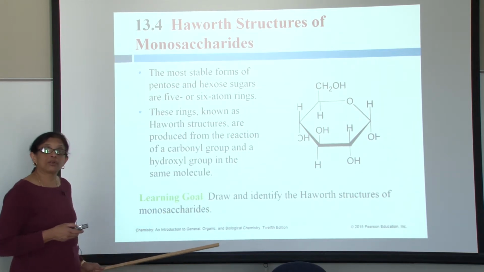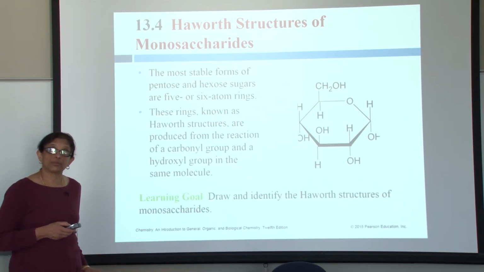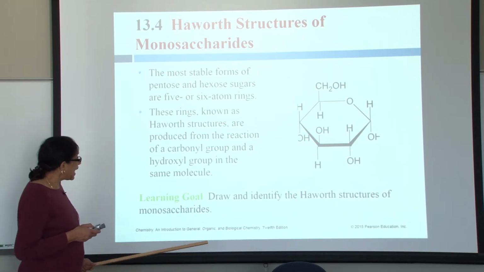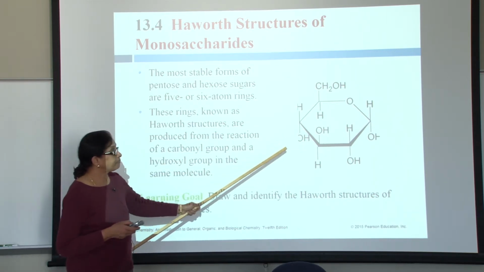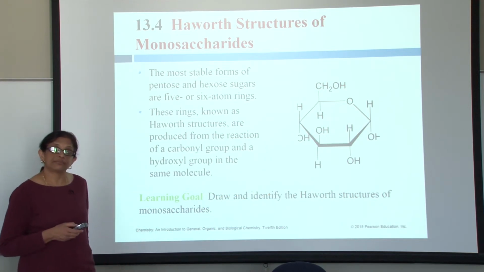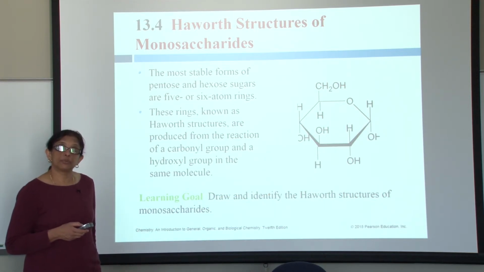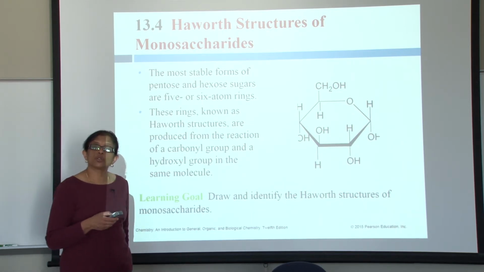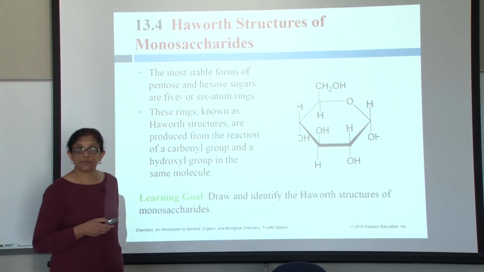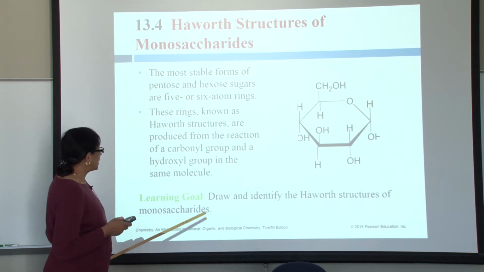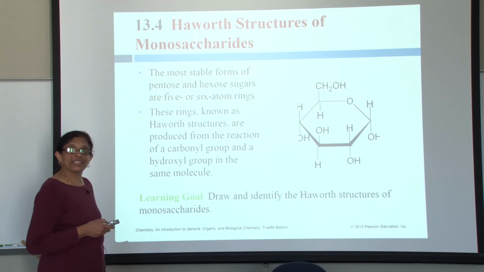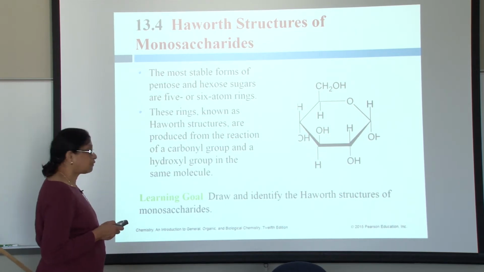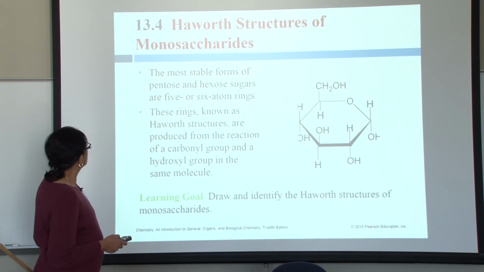The carbonyl group, the aldehyde group, and one of the hydroxyl groups, hydroxyl being the OH, in the same molecule come together to create a ring structure called the Haworth structure. And in this unit, we are going to draw and identify the Haworth structures of monosaccharides.